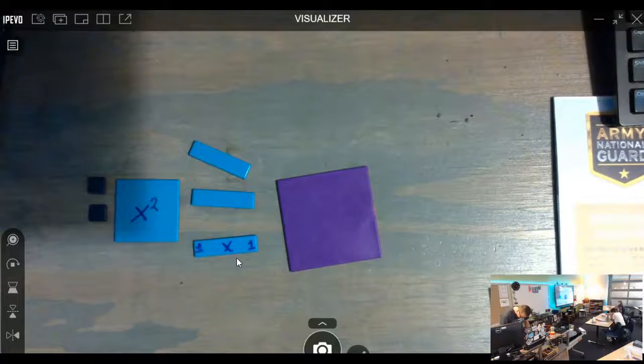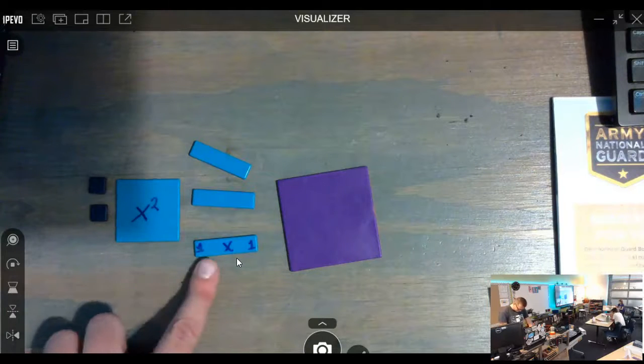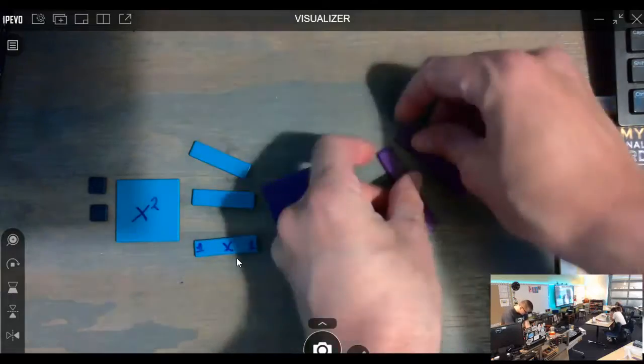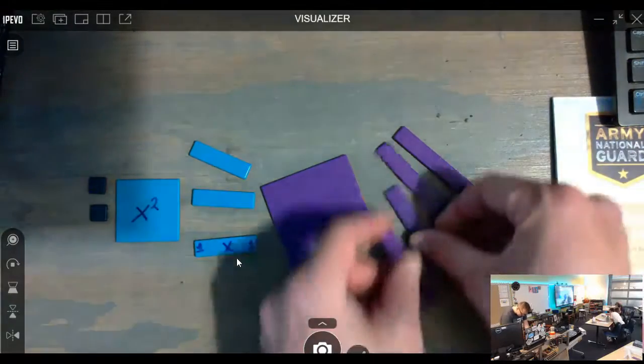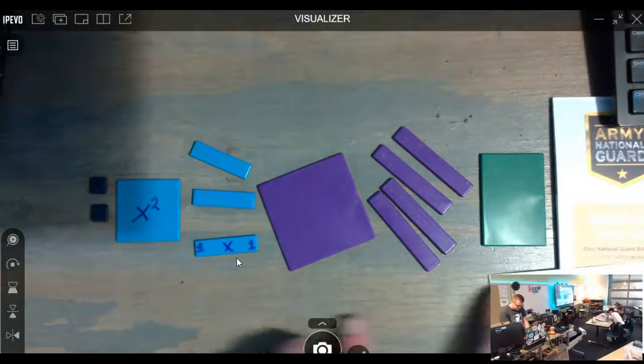Wait, I think I didn't lay out everything. X squared, 3x, y squared, 4y. Aha, I'm missing my 4y and my xy. Okay, so this is C. Is there anything that needs moved around or sorted?